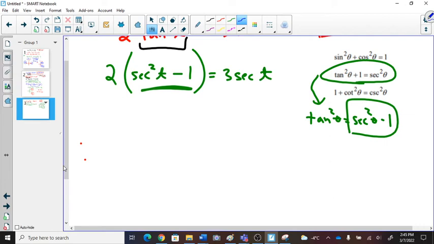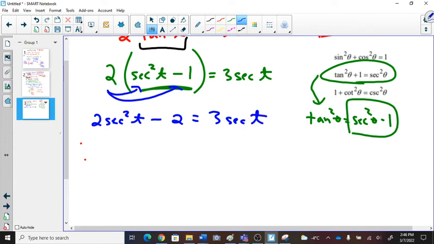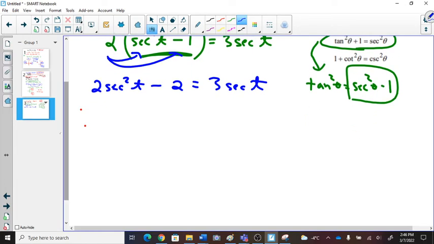So algebra says I better expand this. Now we have noticed that we better have a 0 on one side if we have multiple things going on. So this time, I like this where it is. So that's going to be the move.